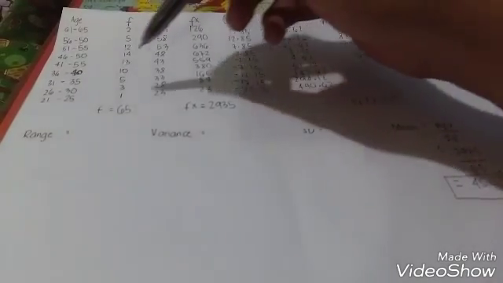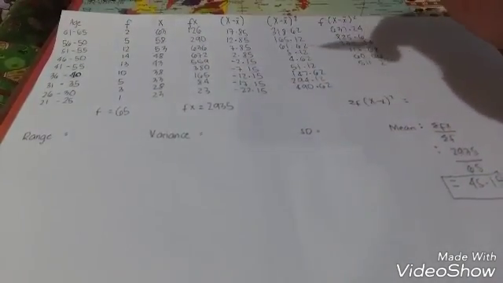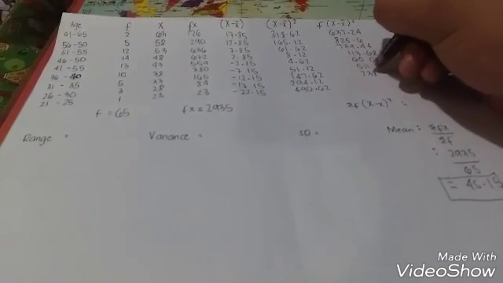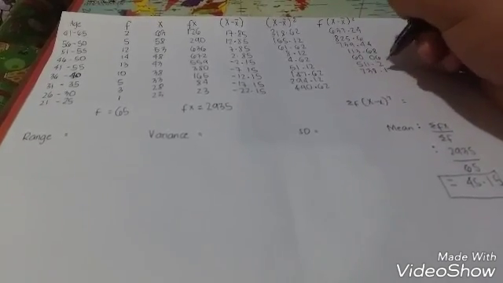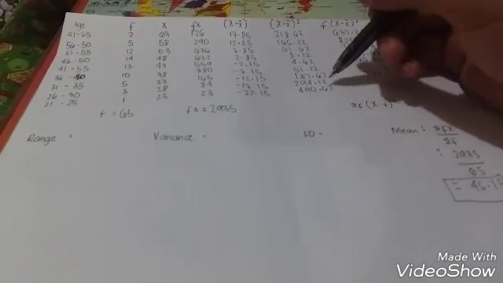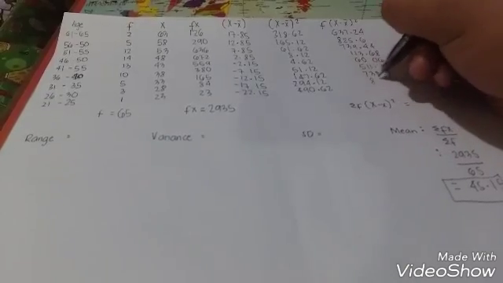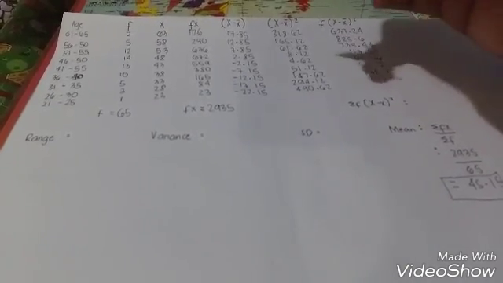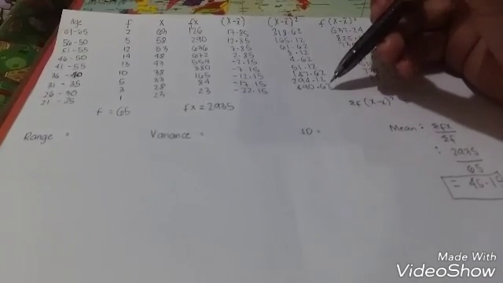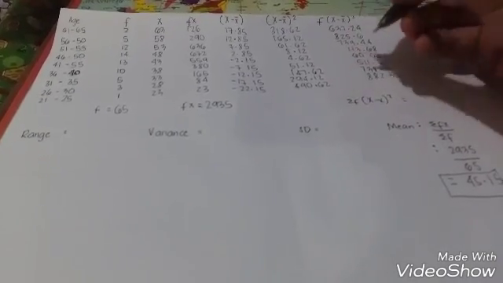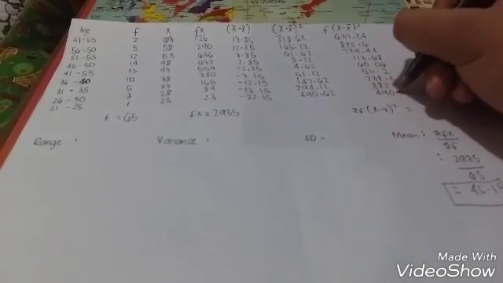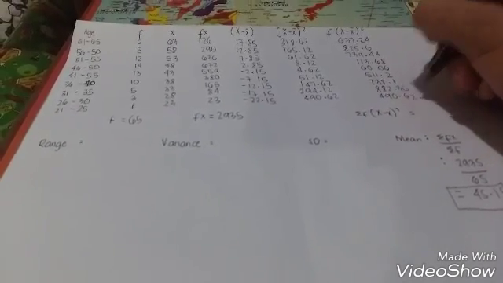147.62 times 5 is 738.1. 294.12 times 3 is 882.36. And last, 490.62 times 1 is 490.62.